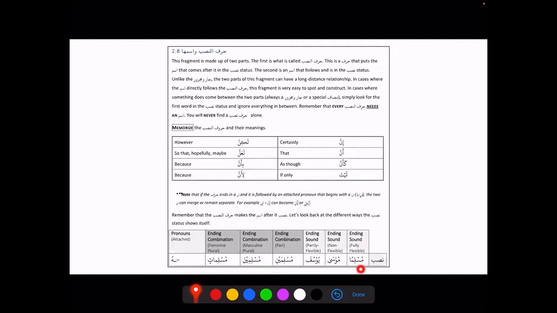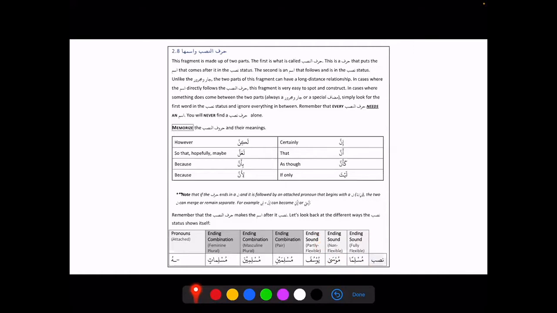When we see musliman, we know this is nasab in status and this is ending sound, and this word is fully flexible. Then ending sound, but this is non-flexible. We know Musa, right? Because it is ending on alif maksura. So Musa will remain Musa in rafa, Musa in nasab, and Musa in jar status.